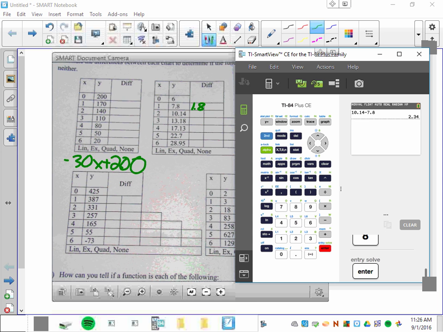How do you test for multiplication? You take any term and you divide it by the one above it. So I'm going to take 7.8 divided by the one above it, which is 6, and I get times 1.3.